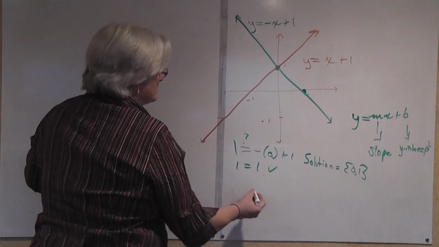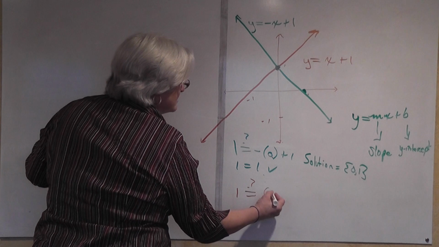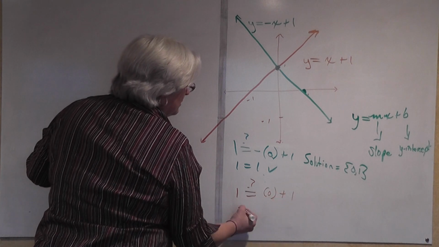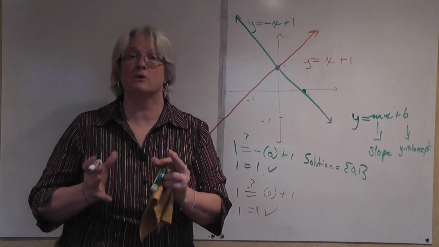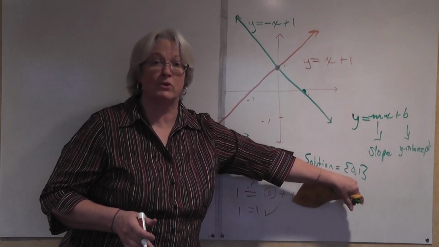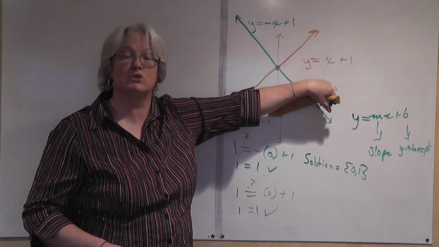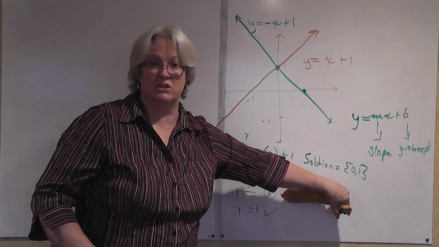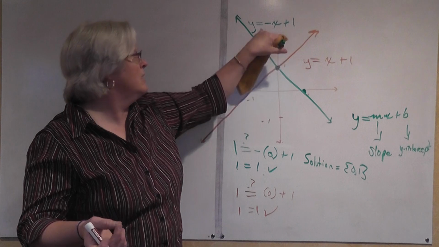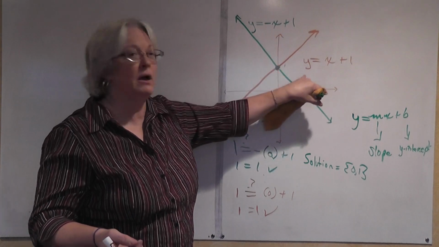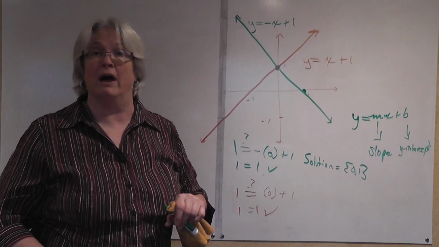Y is equal to x plus 1. Well, is 1 equal to x, which is 0, plus 1? Well, yeah, of course. 1 is equal to 1. So because the ordered pair 0, 1 is a solution to both of these equations, the ordered pair 0, 1 is the solution to the simultaneous equations. Y is equal to negative x plus 1 and y is equal to x plus 1. And you were able to read that off the graph.